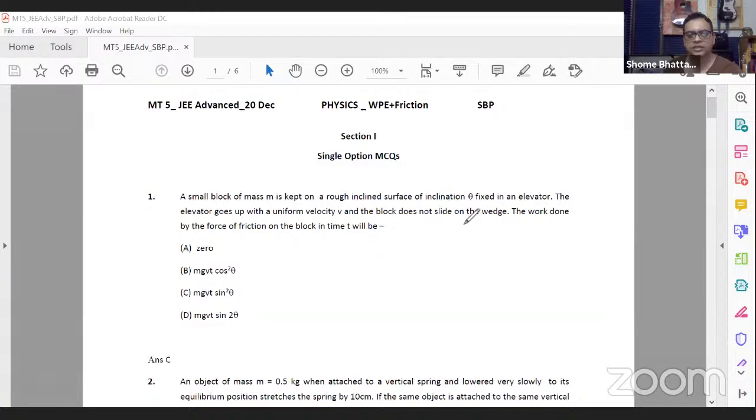So here you have to understand that this is moving with uniform velocity. So it is an inertial frame. Okay. So the free body diagram will only have static friction balancing mg sine theta, mg, and normal reaction.